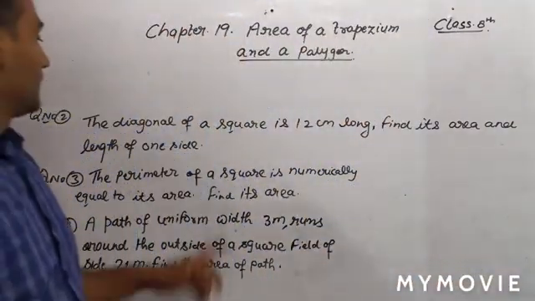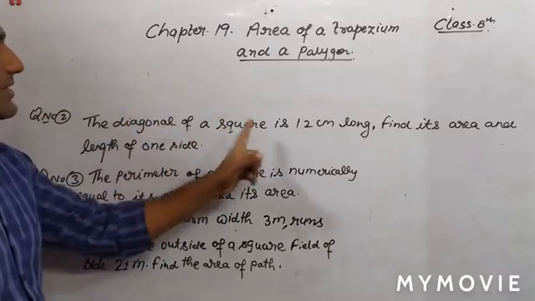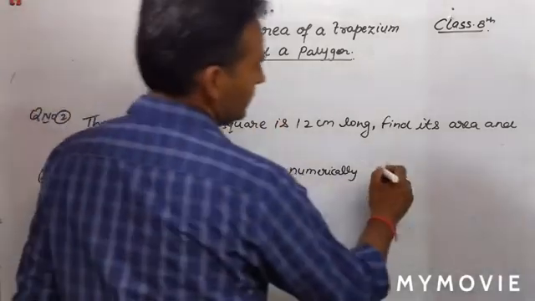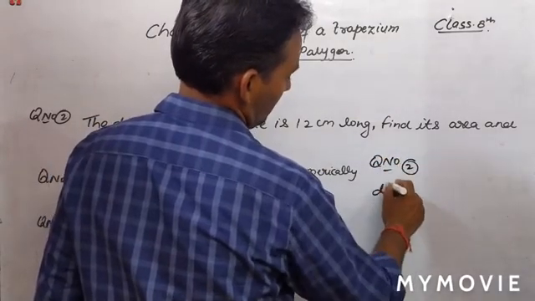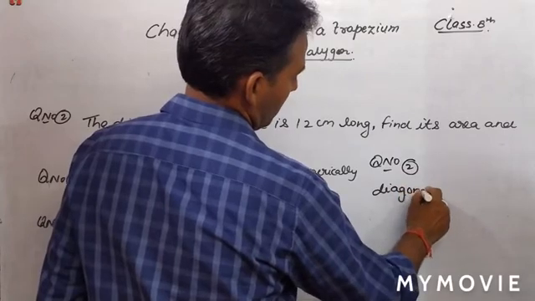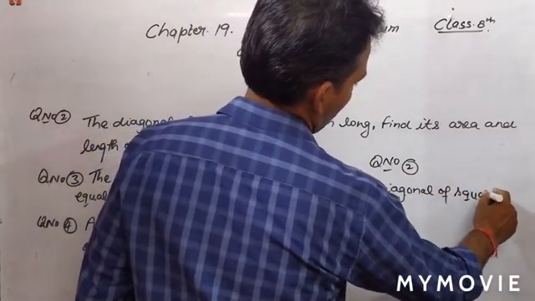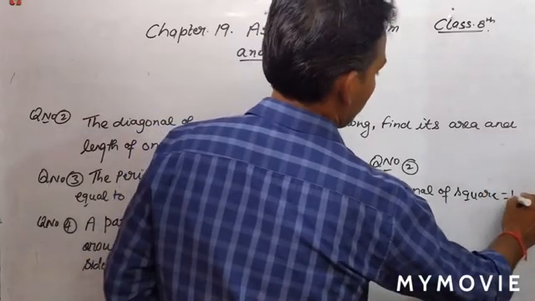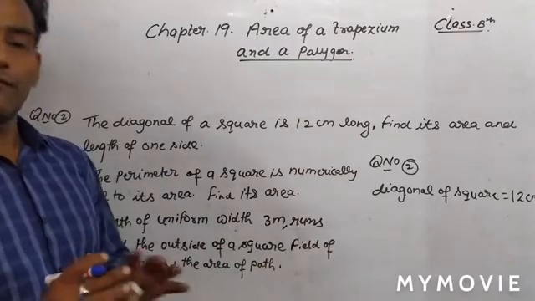is the diagonal of a square. Remember that the diagonal of the square is given 12 centimeter long. So question number 2 is, given diagonal of a square, what is given? 12 centimeter long. Now, whatever the quantity is given, that formula you should remember.